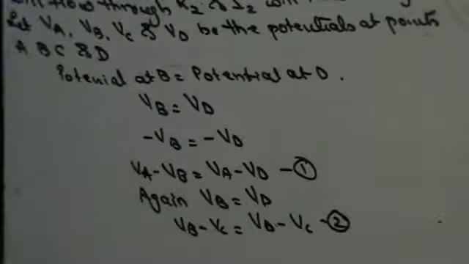Once I have this, if I apply Ohm's law, VA minus VB will be nothing but I1 R1. The potential drop between these 2 points will be I1 R1.